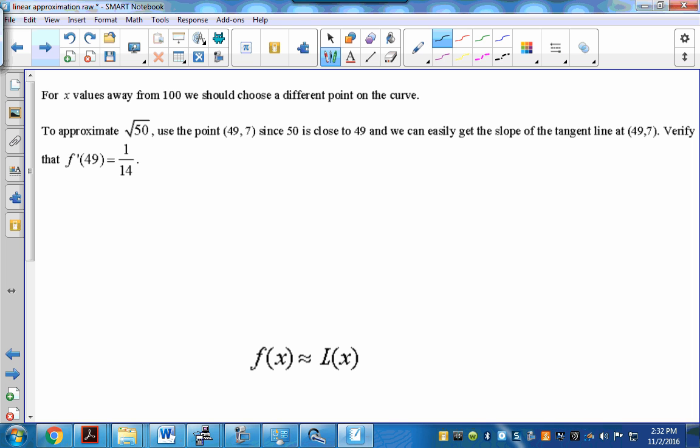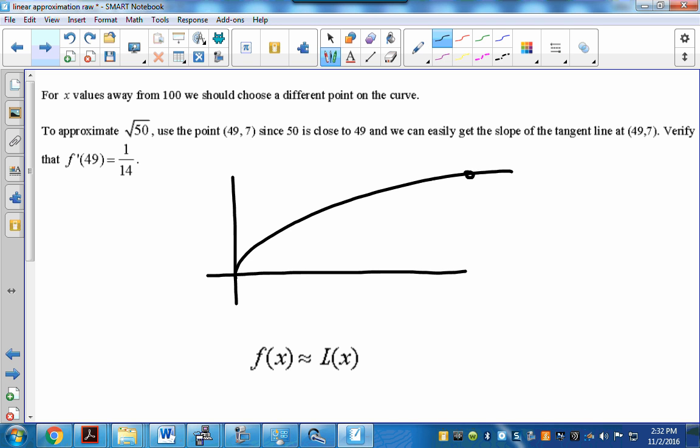Okay. Square root of 50. Using 100 doesn't make any sense. And here's the idea. Here's my curve. I know I have this point over here, 100, 10. And I also have a point 49, 7.